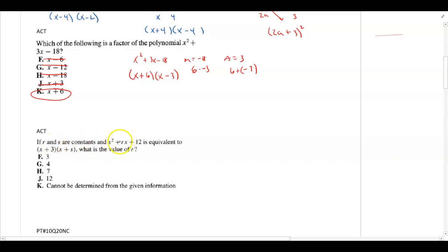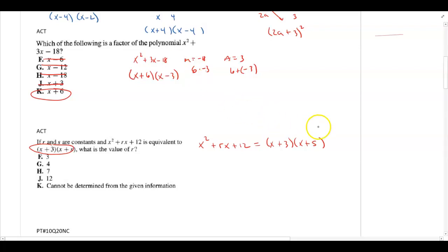If r and s are constants, x squared plus rx plus 12 is equivalent to x plus 3 times x plus s. What is the value of r? Well, x squared plus rx plus 12 equals x plus 3 times x plus s. And they want to know what the value of r would have to be.